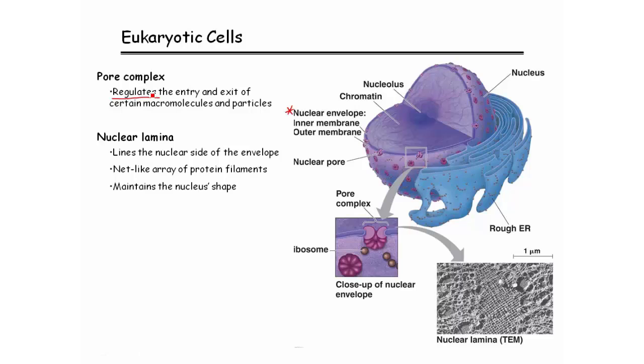Another important structure of the nucleus is the nuclear lamina. And the nuclear lamina, you could list a lot of functions for it, but one of the most important functions that the nuclear lamina is going to have is going to be organization. If the nucleus contains the vast majority of the DNA inside the cell, it has a lot of information inside it.